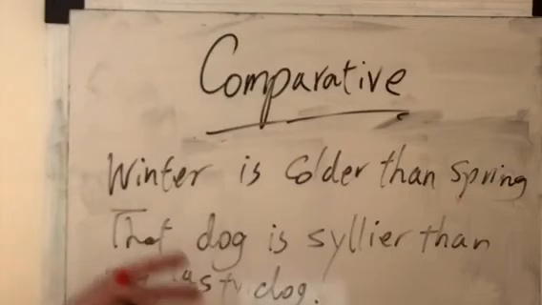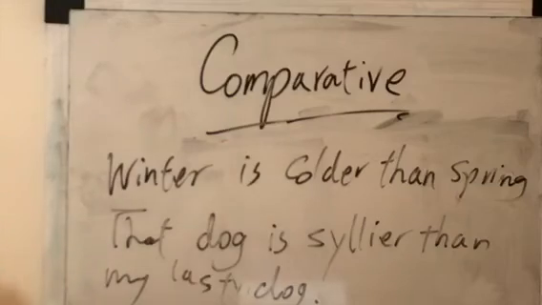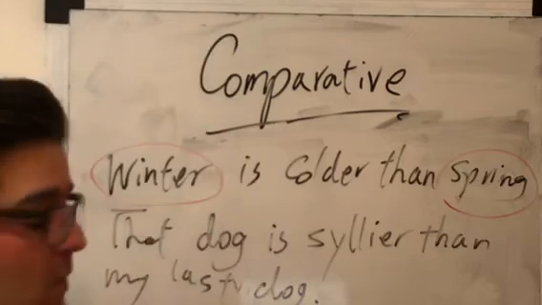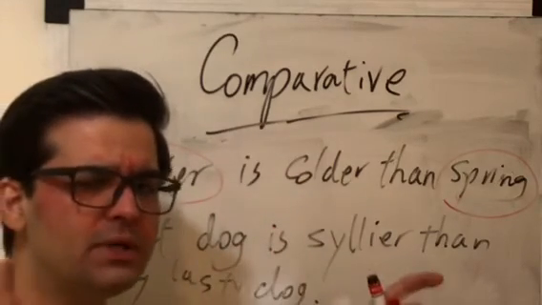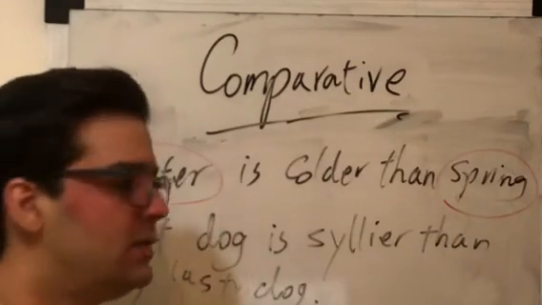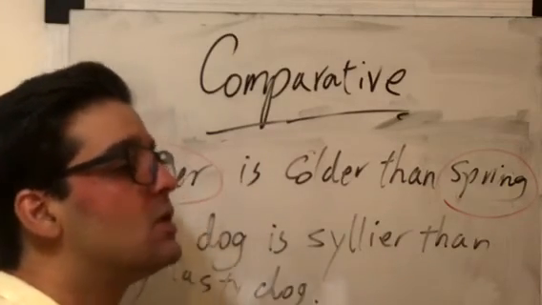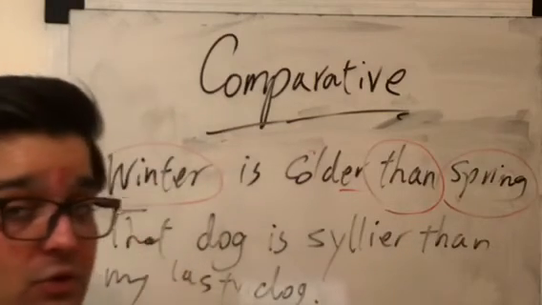Okay, we can see two examples here. We want to compare two things. Here we want to compare winter and spring, two things. So you can use the adjective cold. If you want to compare winter and spring, you can say colder, because we have just one syllable, cold. Just add er, and after that it's very important to use than.